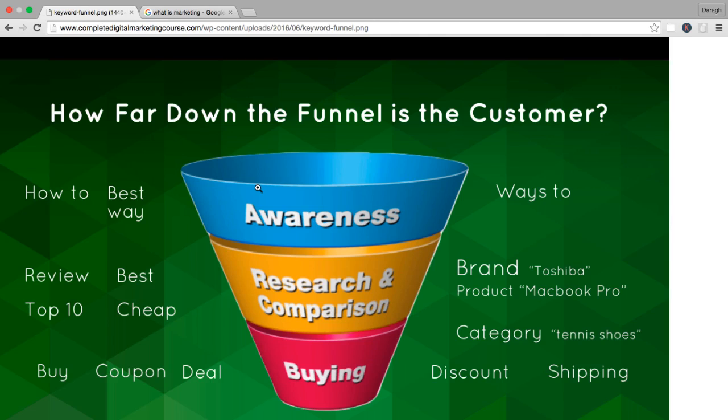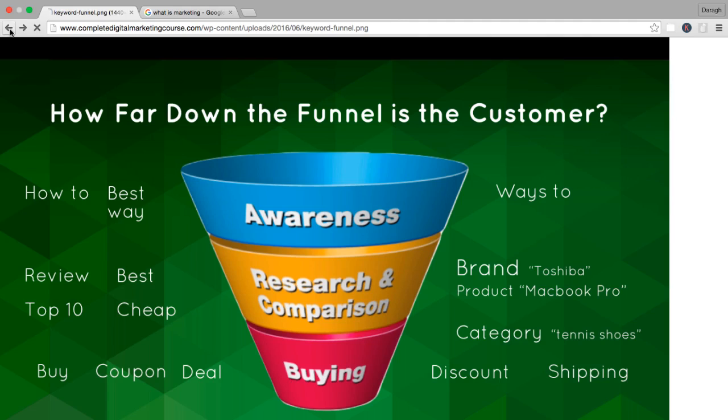What you want to be thinking about from the start is getting those people who are at the end of the buying funnel, they're ready to buy, and think about the keywords and things that those type of customers are searching for, because they're really going to be your best customers. They're ready to buy, and if you can get at the top of the search results for those keywords, you're going to have much better conversions.